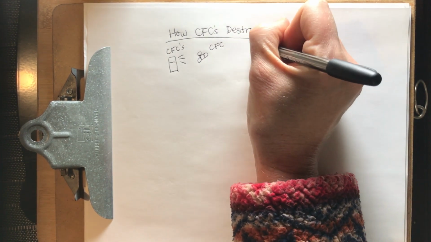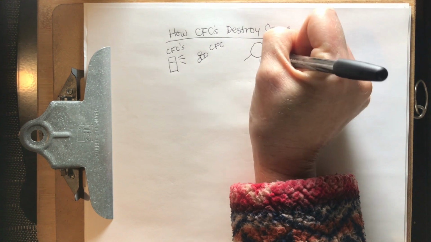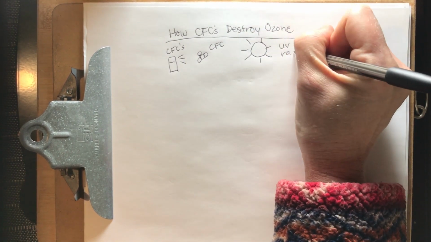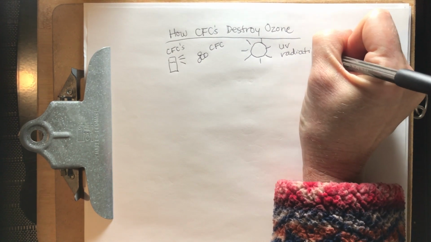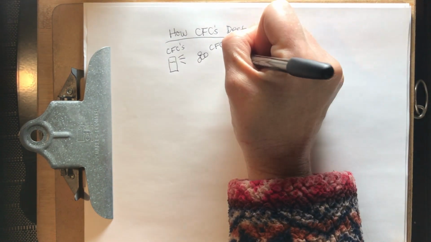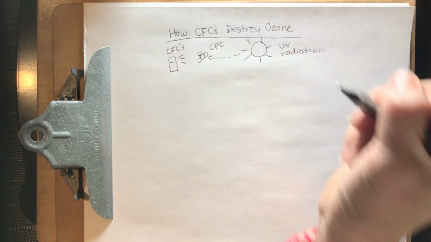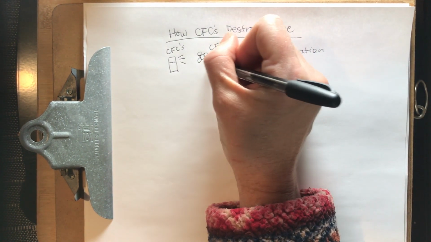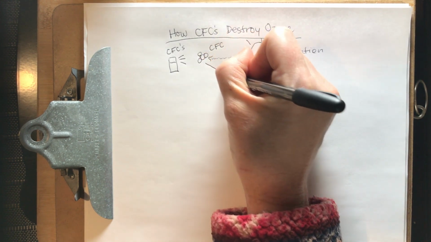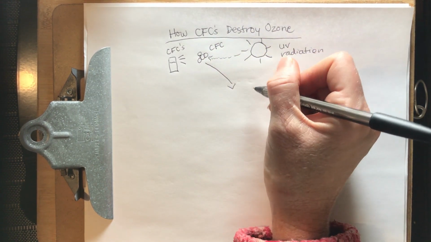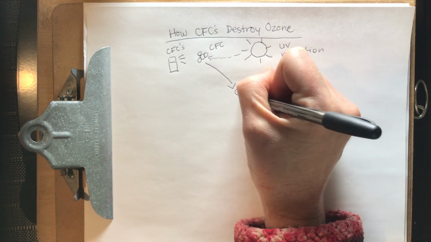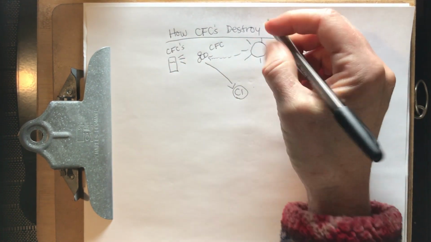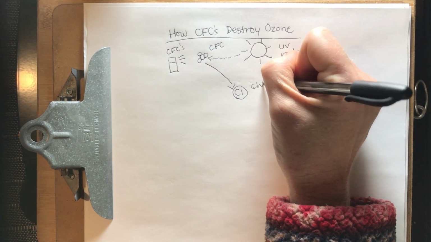So we've got UV radiation up in the atmosphere, which is having an impact on these molecules that are hanging out, and it is causing them to break off one molecule at a time. And that releases a chlorine, as we know that chlorofluorocarbons have chlorine in them.